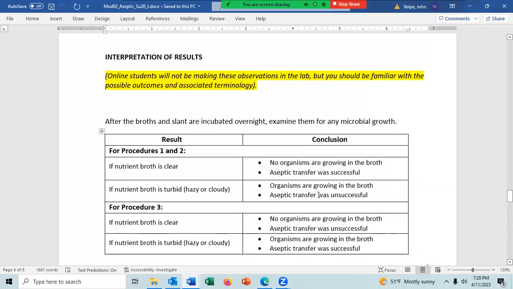The conclusion must be worded similar to the conclusion in the table. If it is not similar, I will tell you to do it over again and use the wording in the table, meaning if the nutrient broth is clear, you make a statement, no organisms are growing in the broth, aseptic transfer was successful. Okay? Any question about any of that?